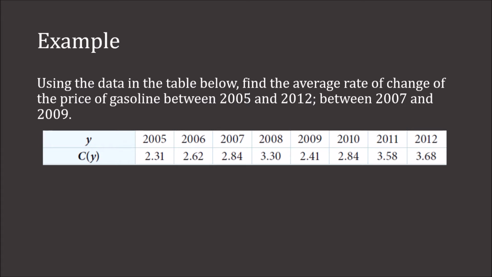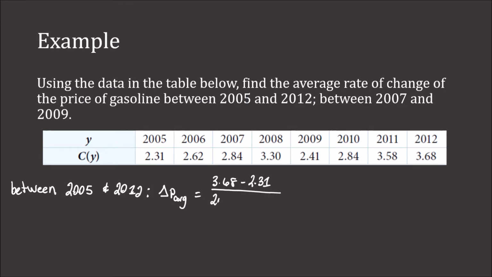So between 2005 and 2012, the average change in price, let's represent that as delta P average, would be the price in 2012, which we can see is $3.68, minus the price in 2005, which is $2.31, all over the change in year. So 2012 minus 2005.